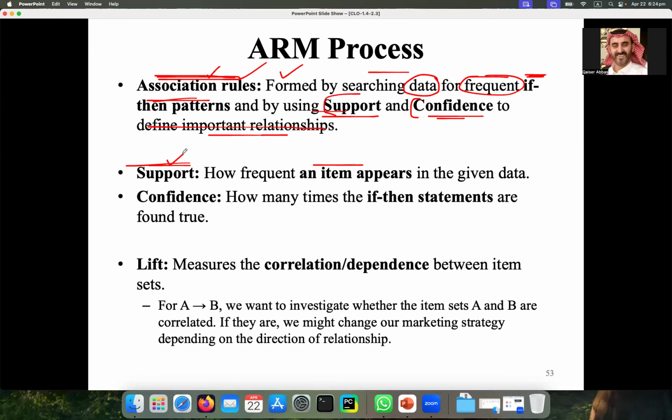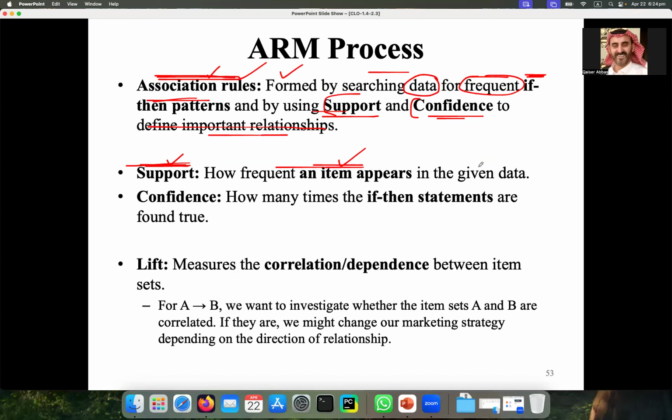The total data maybe contains 500 items. Support is actually the probability value, so you divide 150 by the total number of items, 500, and you get the support. I will explain it later on, but first get the definition.